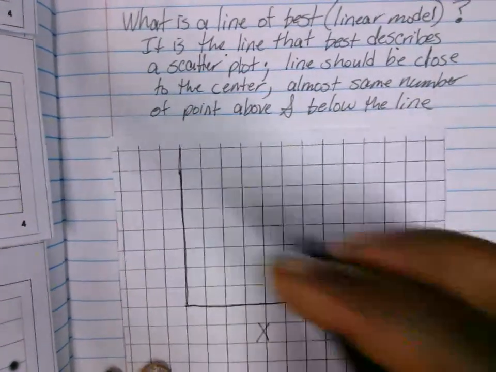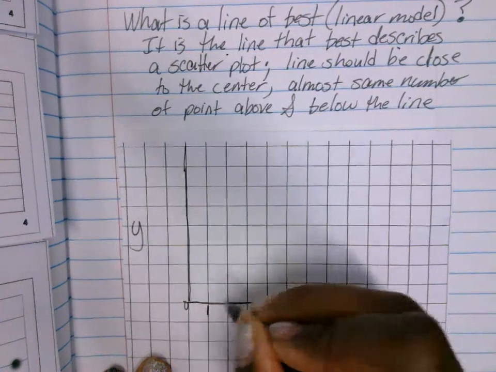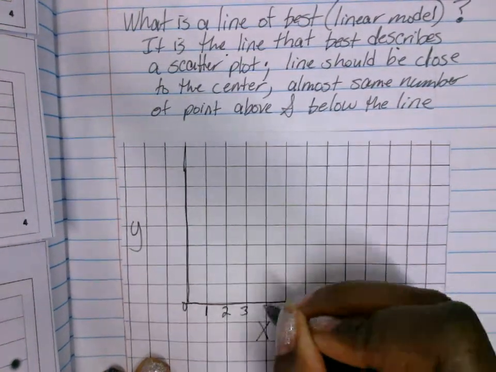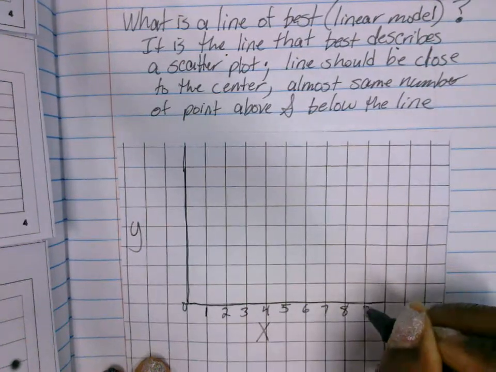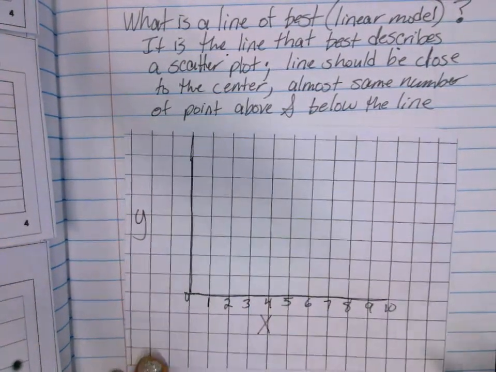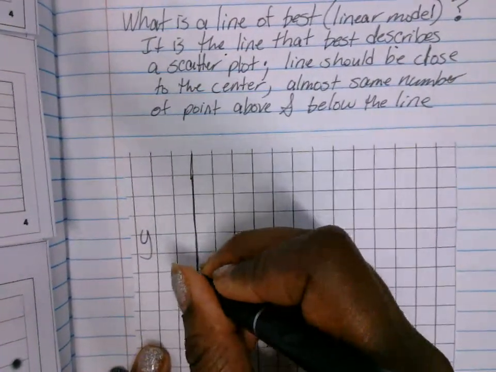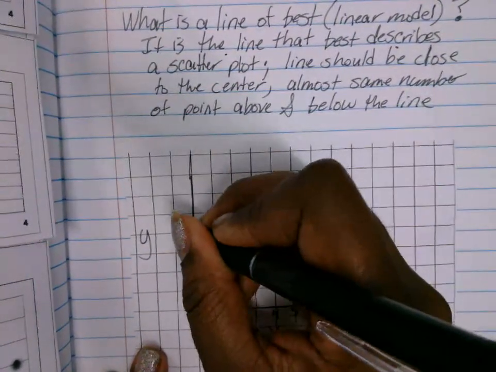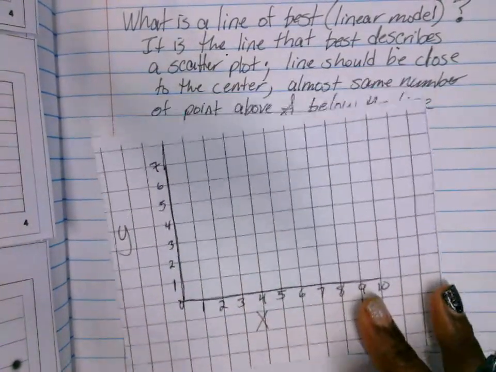This is the Y axis. We have 0, 1, 2, 3, 4, 5, 6, 7, 8, 9, and 10. This is 0 on the Y. 1, 2, 3, 4, 5, 6, and 7.